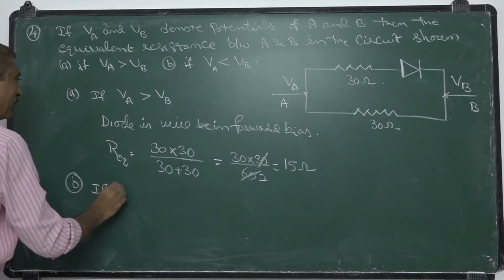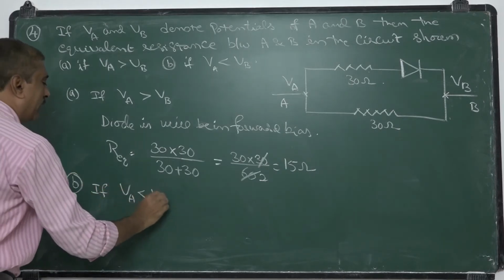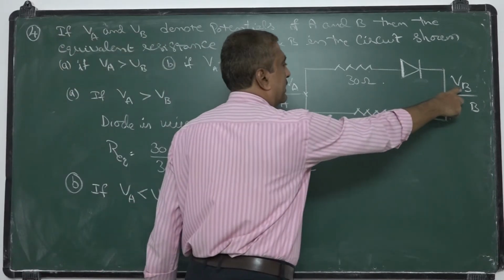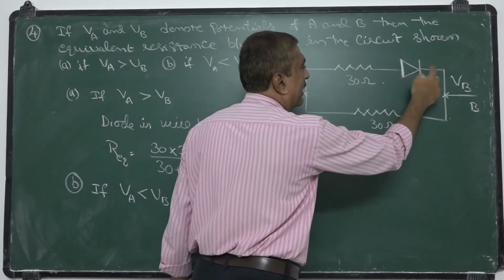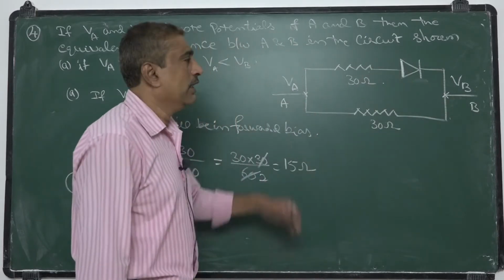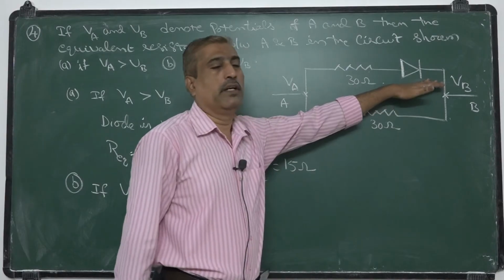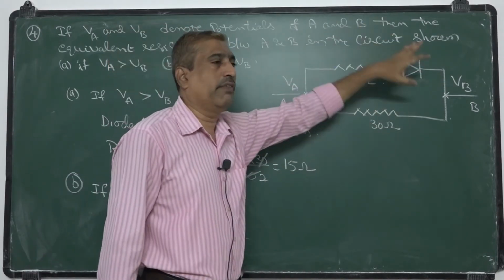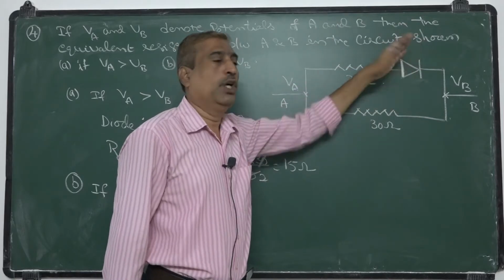Now consider the second case. If VA is less than VB, that means VB is greater than VA, so N type is connected to higher potential and P type is connected to lower potential. That means this diode will be in reverse bias. When it is in reverse bias, it offers infinite, very large resistance.